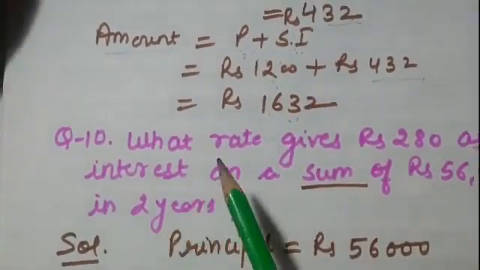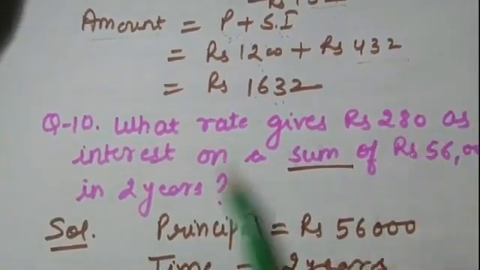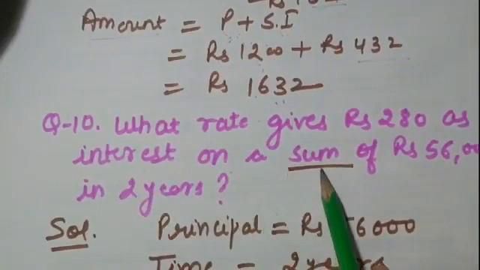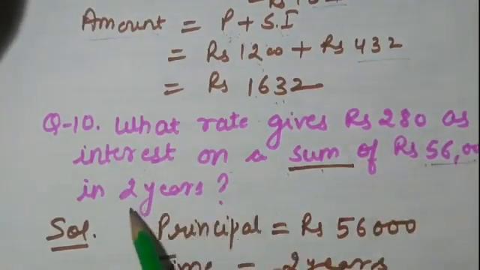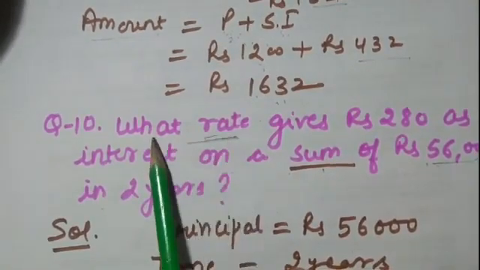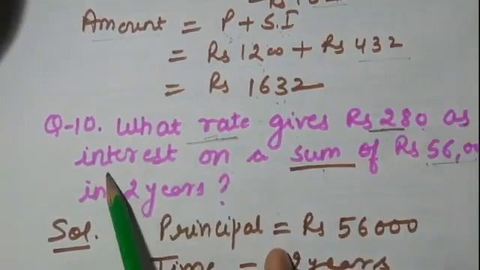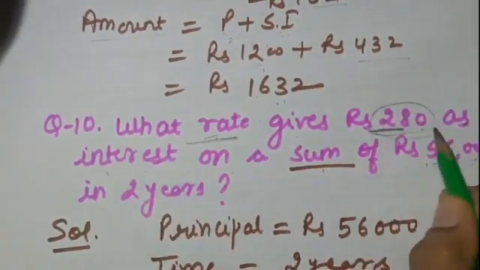Question number 10 is: what rate gives rupees 280 as interest on a sum of rupees 56,000 in 2 years? We have to find the rate. The question says rupees 280 as interest, so this is simple interest.